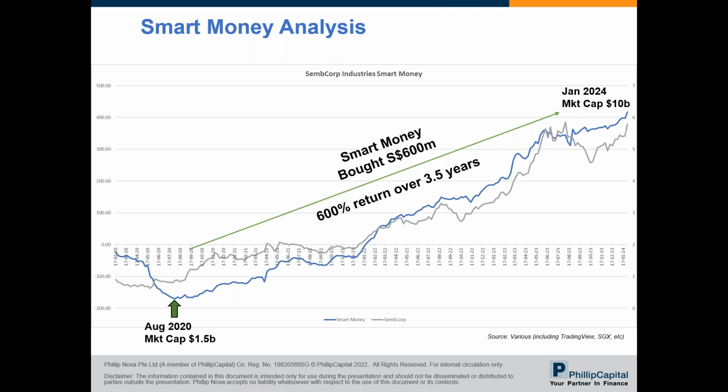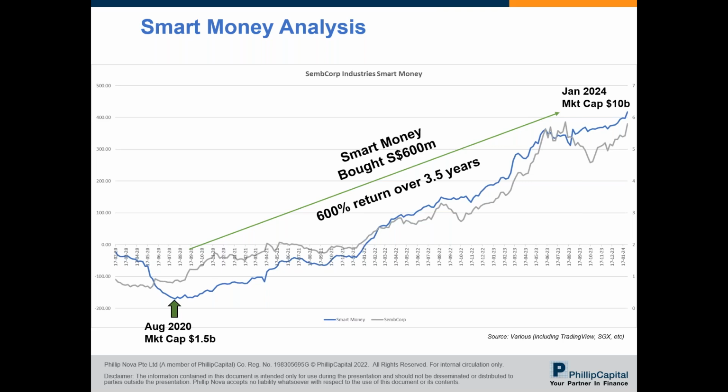But within the smart money chart, I believe it encompasses both technical analysis and fundamental analysis. Because when the smart money decide to buy a certain stock, or decide to sell a certain stock, they would have done their homework based on fundamental analysis and technical analysis. And then they decide that this stock is worth buying or worth selling.